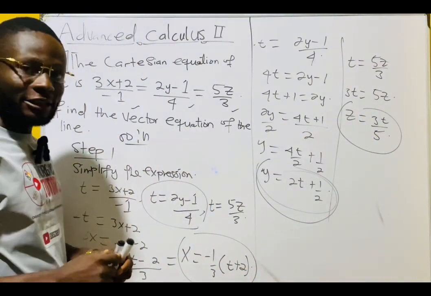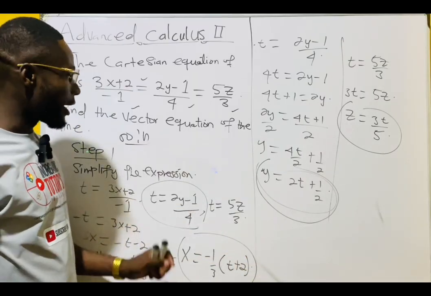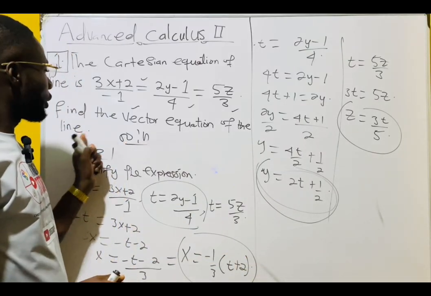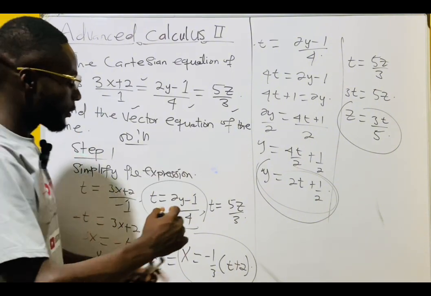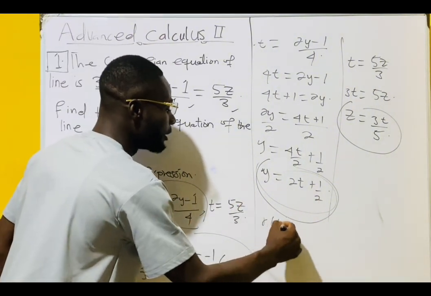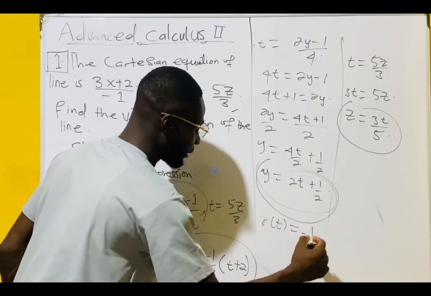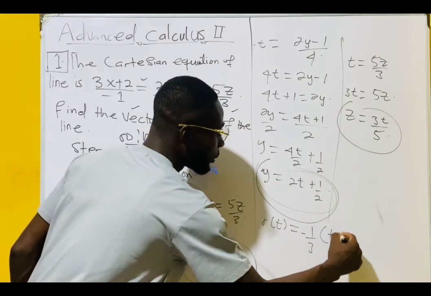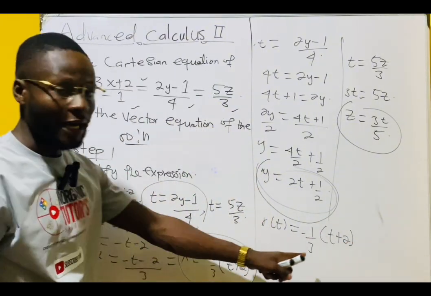So inasmuch as we have all this, then we can say that the vector equation of the line will be r of t equals -1/3 into t plus 2, that is the i component.